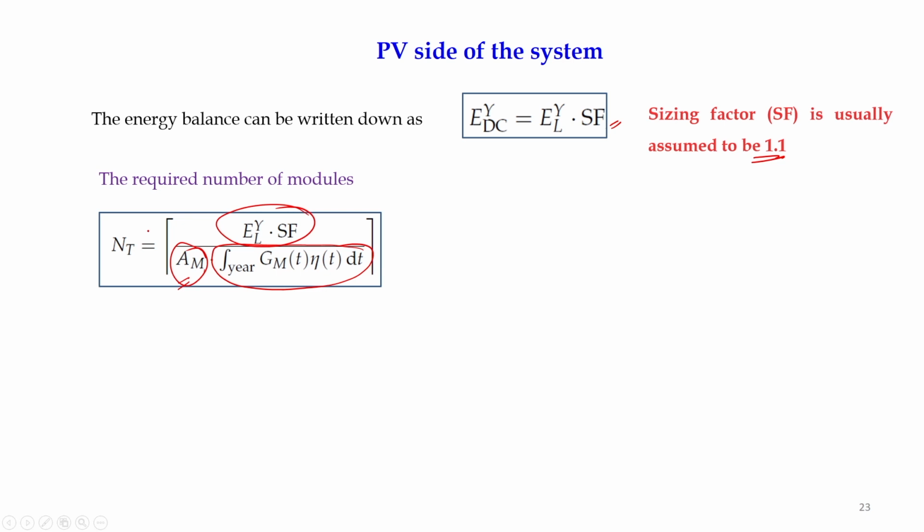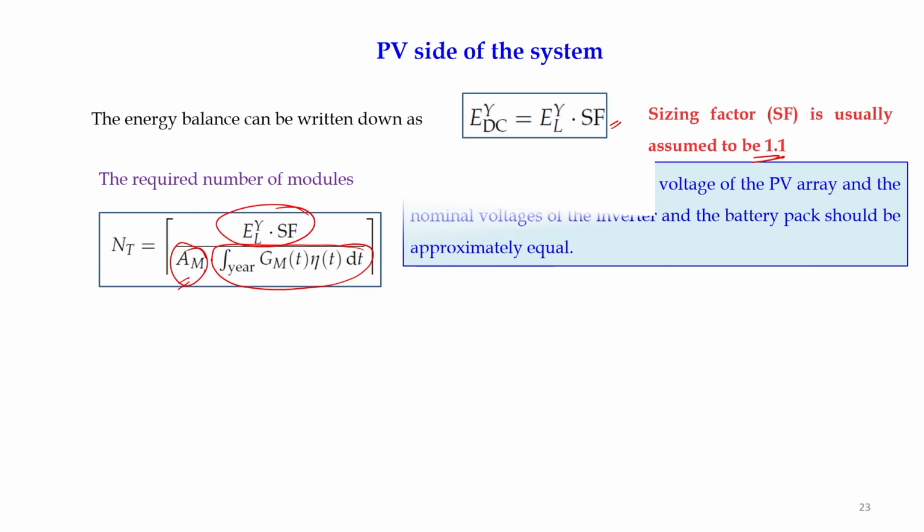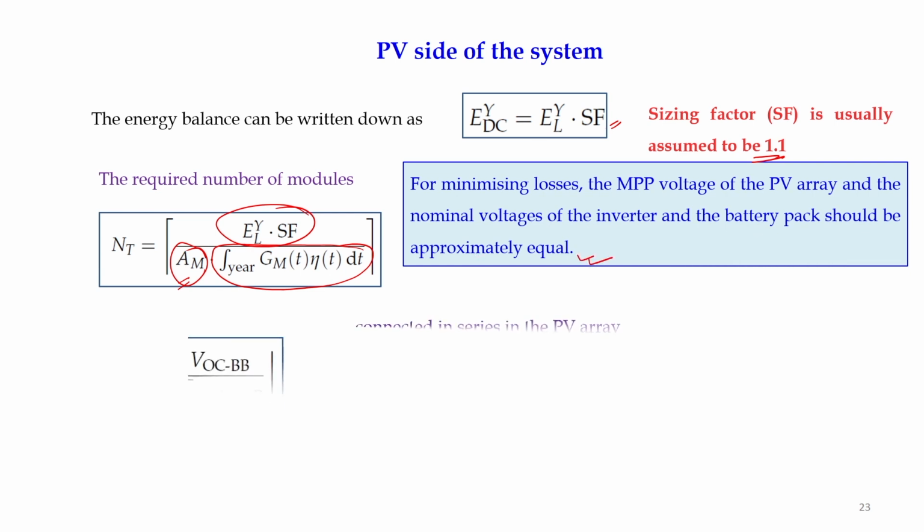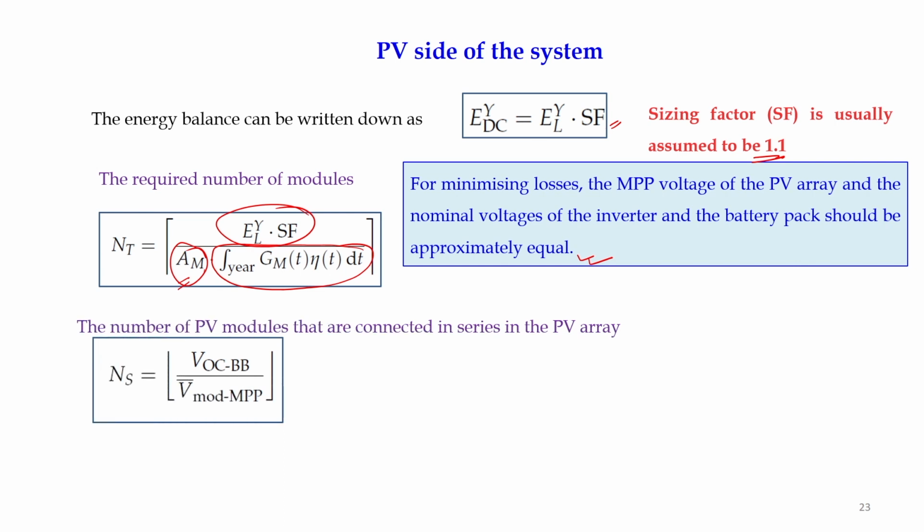Once we know this number of modules, our next step is to find out how many modules are to be connected in series and how many modules are to be connected in parallel. And one thing we need to remember, for minimizing losses, the maximum power point voltage of the PV array and the nominal voltages of the inverter and the battery pack should be approximately equal. This is one of the important aspects we need to remember.